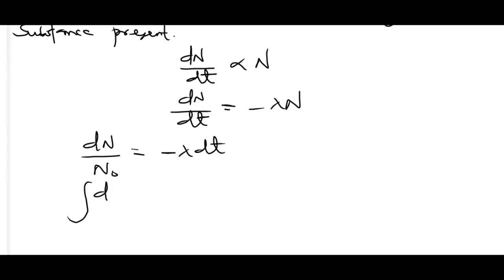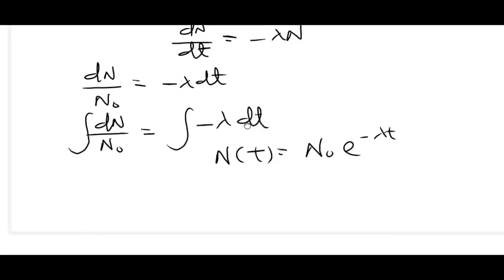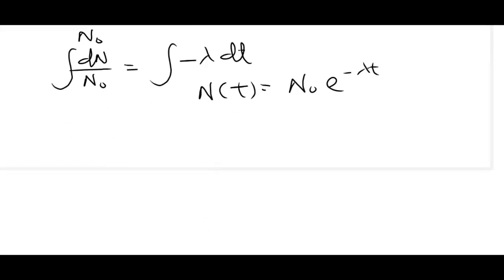If we integrate both sides, we have the integral of dN over N naught equals the integral of minus lambda dt, and this will give us N(t) equals N naught e raised to the power minus lambda t. So what is the significance of this expression? This is the mathematical representation of the decay law.